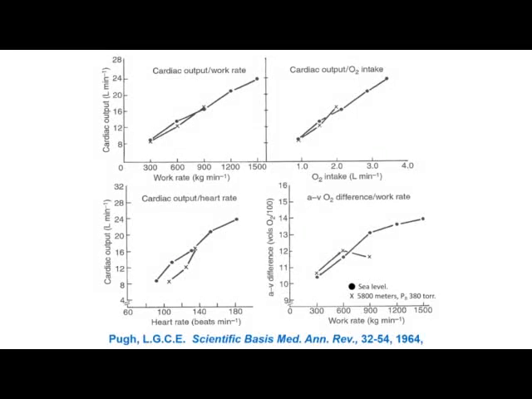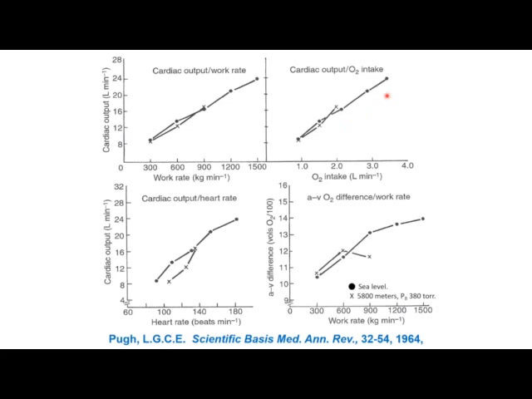So this just shows a number of things here. We have cardiac output versus work rate, and what we have is sea level in the closed circles and high altitude, about 20,000 feet, in the X's. And you can see that the response of cardiac output to work rate is about the same. At high altitude, they don't go to as high a level of work, but where they do, it's about the same.